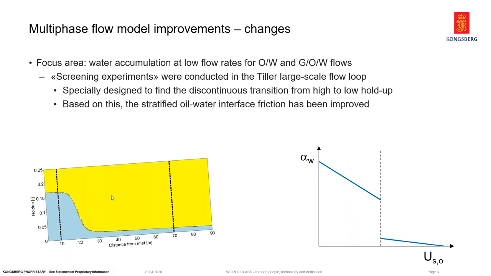The pair of the two will give you the holdup, and based on the flow rates, you can extract this critical flow rate where this jump occurs. So that's quite a good way of doing these experiments. And the sole purpose of these experiments is to improve the oil-water interface friction. So this has very good properties to make this adjustment in the model.